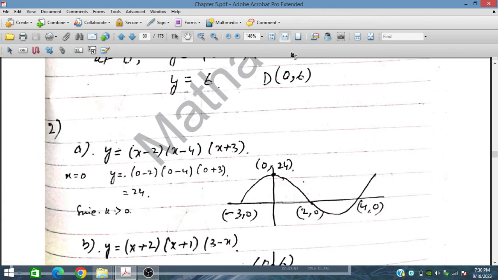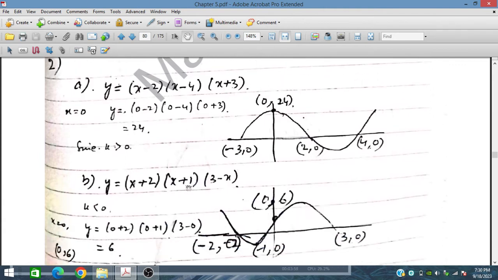Now the B part. Since this is minus, x cubed has a negative coefficient, so the curve will be drawn like this.